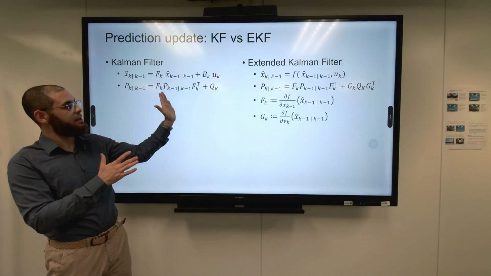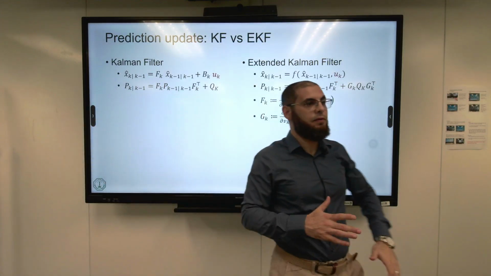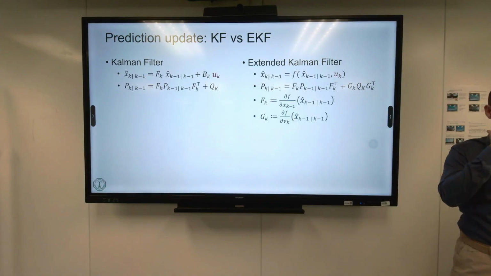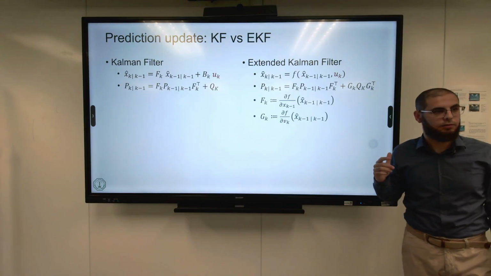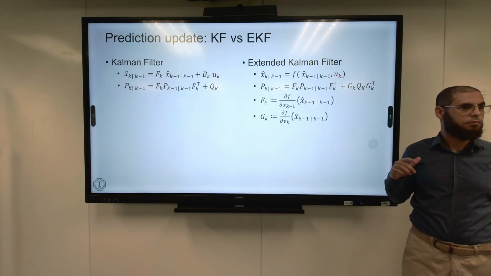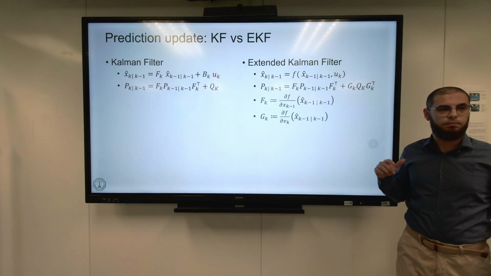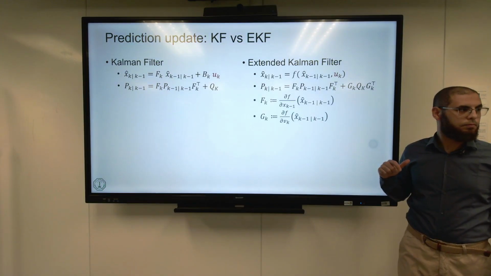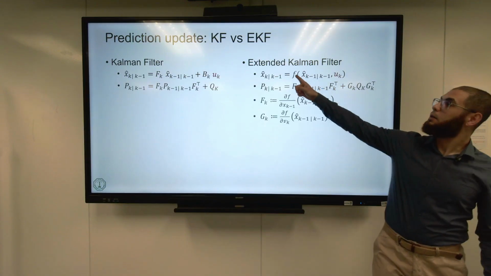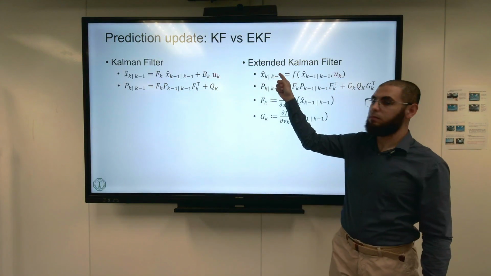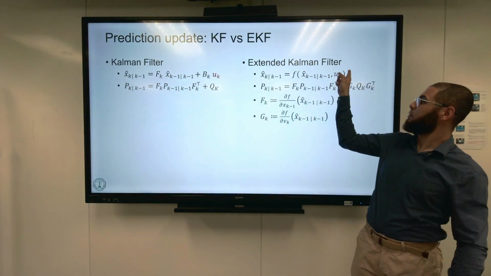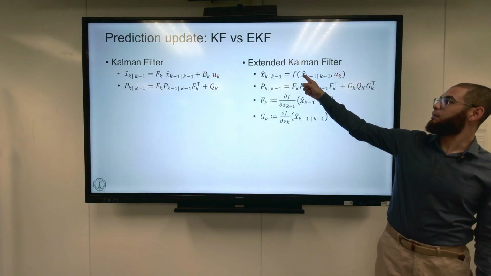Now compare this to the extended Kalman filter. What changed here? What changed in the prediction step of the extended Kalman filter? First, when we calculate the mean, what is this f?